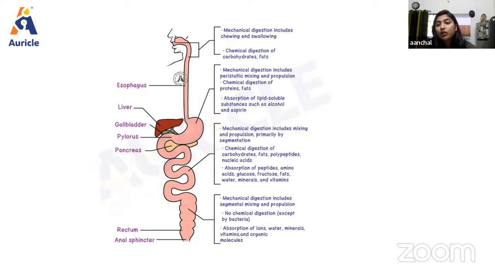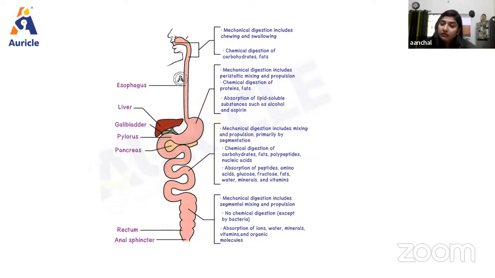The digestion of carbohydrates in the mouth occurs with the help of salivary amylase, and the digestion of fats occurs with the help of the enzyme lingual lipase. Then the function of the stomach. Mechanical digestion includes peristaltic mixing and propulsion. Chemical digestion of proteins and fats also occurs here. Then absorption of lipid soluble substances such as alcohol and aspirin also occurs here.